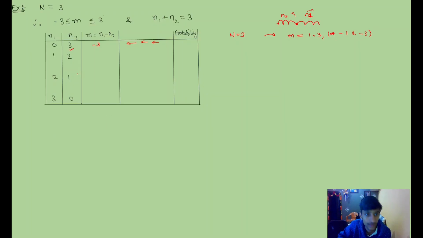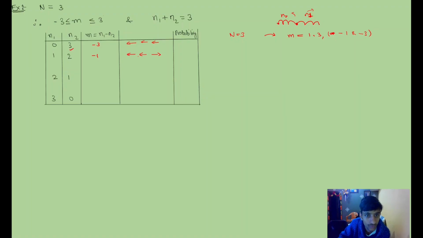Now, let's say he's taking one step to the right and the remaining two steps to the left. So what does this mean? This m value has to be minus 1, right? And what will be the different types of configuration in which he can move? Two steps left, one step toward right.